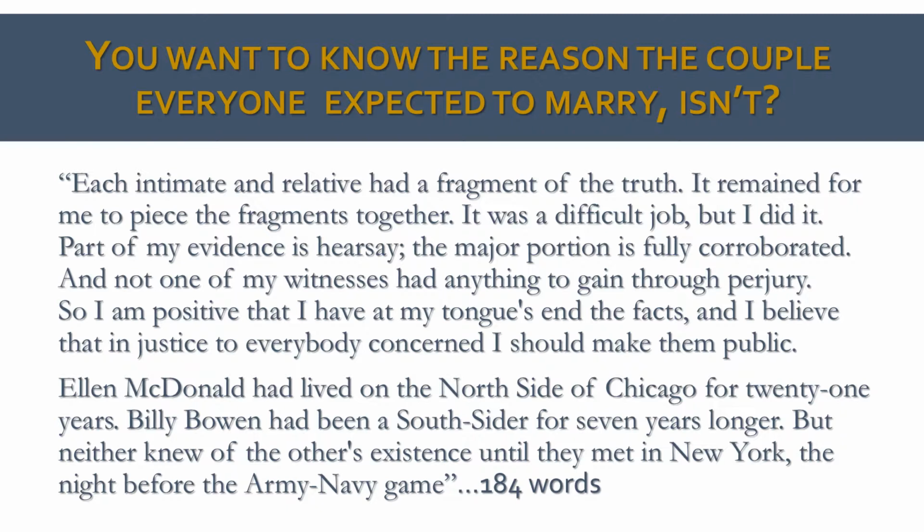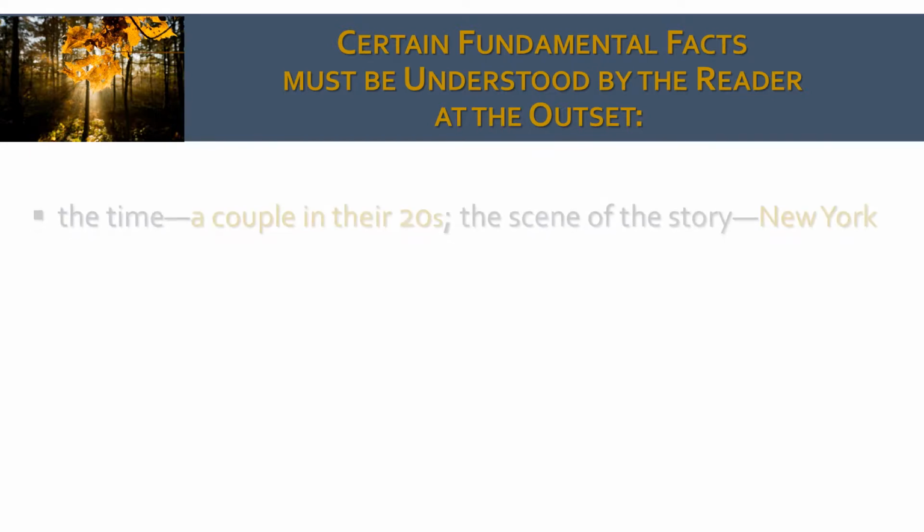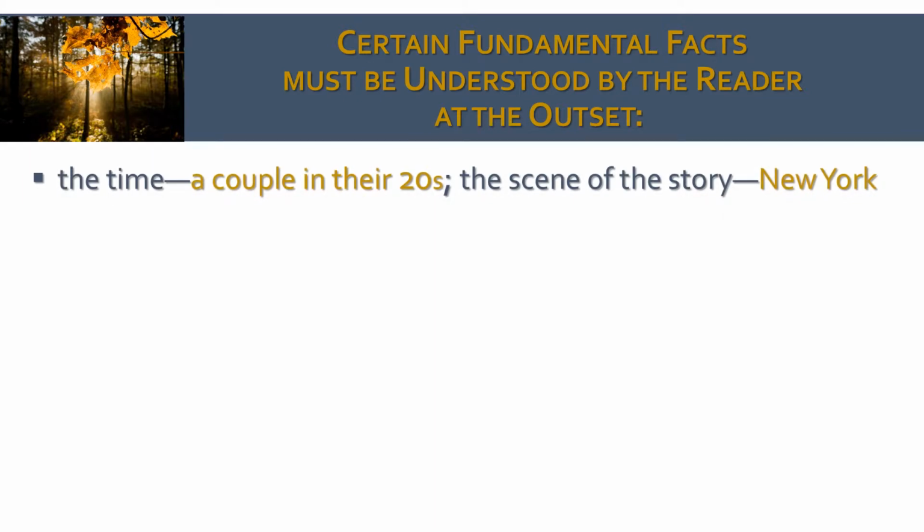Within 184 words, the author has given us 3 essential answers to our facts and has perked our interest. Certain fundamental facts must be understood by the reader at the outset. They are the time, a couple in their 20s, the scene of the story, New York.